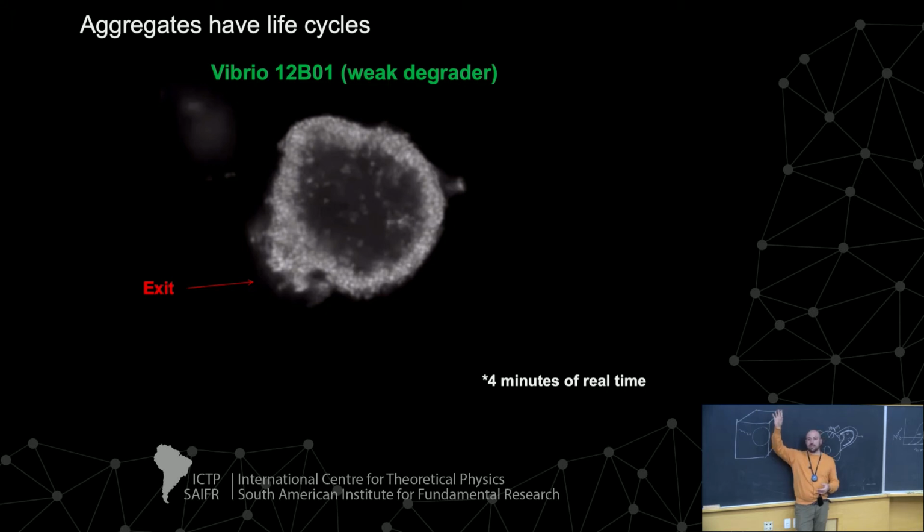Conceptually at least, the other possibility would be that all the cells adhere to each other equally. That would be the null model, so to say. And we see this with many different bacteria.